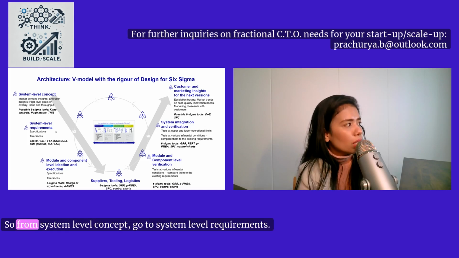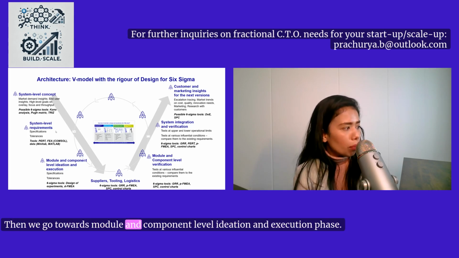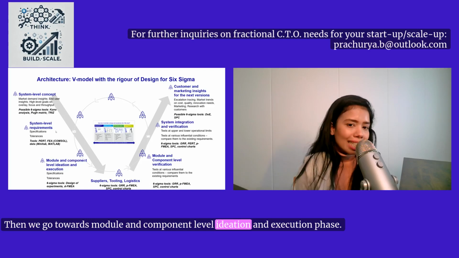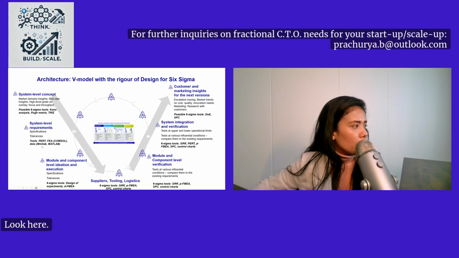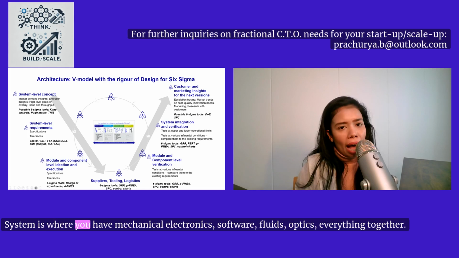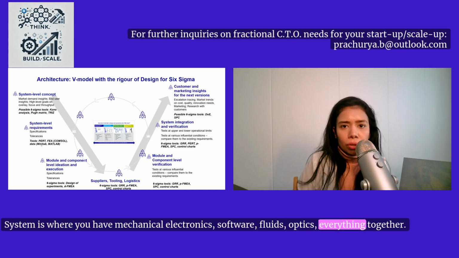So from system level concept, we go to system level requirements. Then we go towards module and component level ideation and execution phase. Look here. System is where you have mechanical, electronics, software, fluids, optics, everything together.